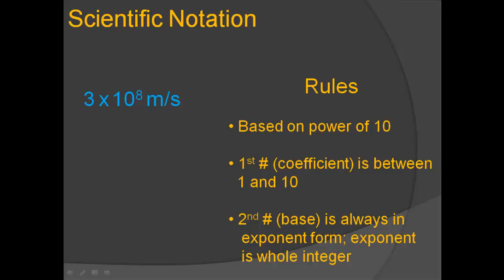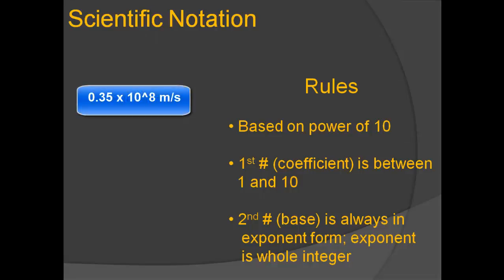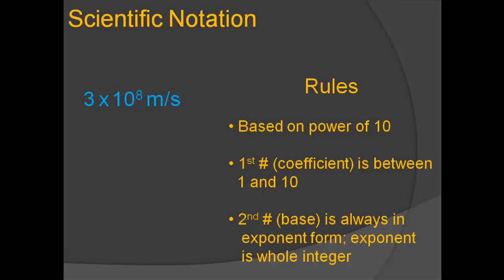Every number that's in scientific notation is based on the power of 10. The first number that you see is called the coefficient, and that number has to be between 1 and 10. So for example, I can't have a number like 0.35 times 10 to the 8th power, because 0.35 is less than 1. So that coefficient has to be between 1 and 10.